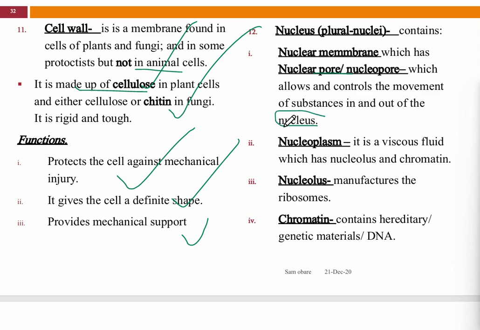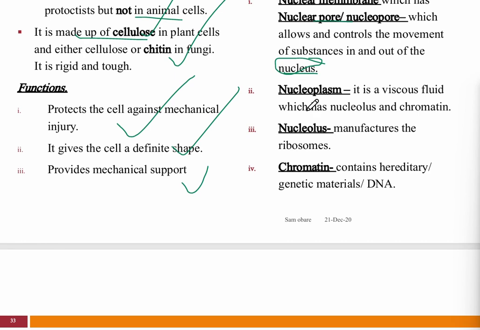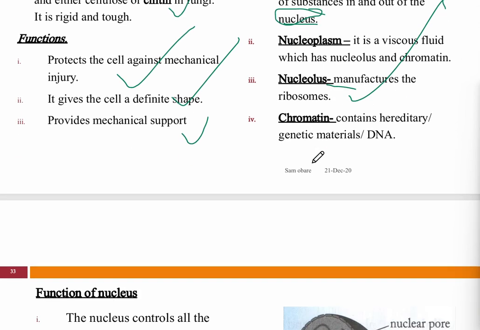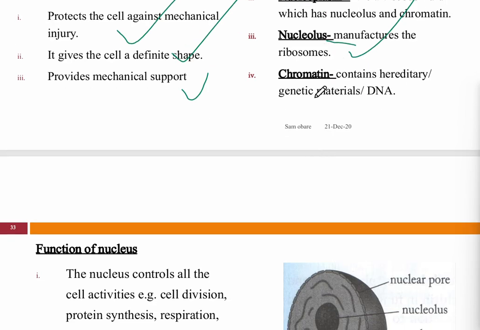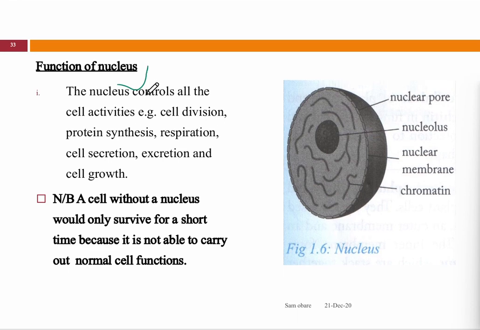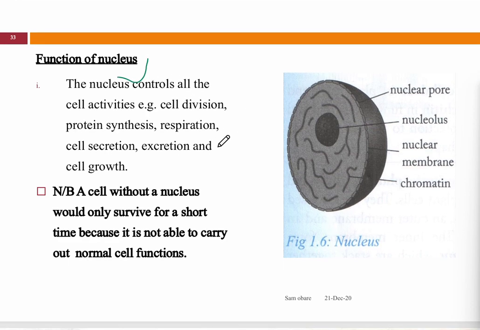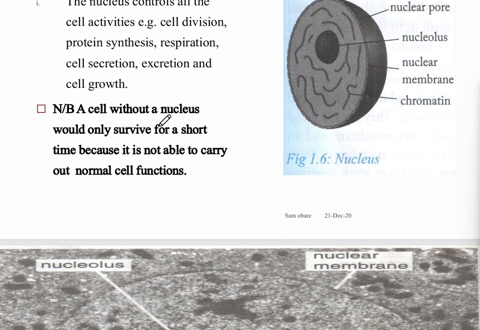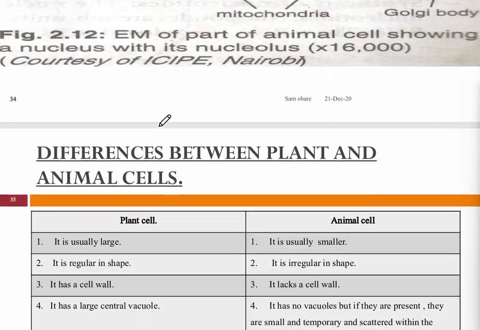The nuclear membrane is only involved with the nucleus. Also, the nucleolus manufactures ribosomes. Very common question indeed. Also, we have the chromatin that contains DNA. The nucleus controls all activities of the cell.